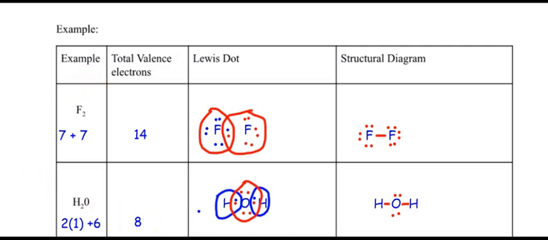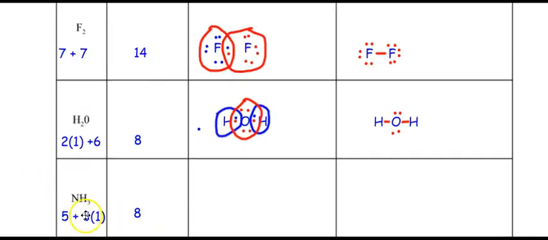So let's look at nitrogen next. All right, nitrogen has a valence of 5. There are 3 hydrogens with a valence of 1. So 3 times 1 is 3, so 5 plus 3 is 8. I have 8 again. All right, so what am I going to do first? I'm going to put my nitrogen in the middle.